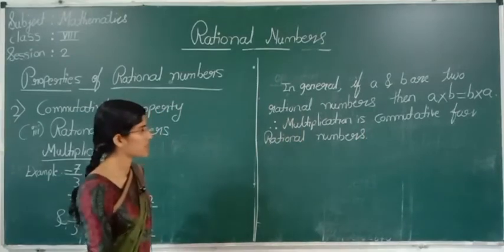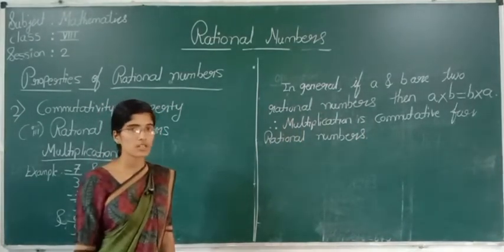Okay, multiplication is commutative for rational numbers.